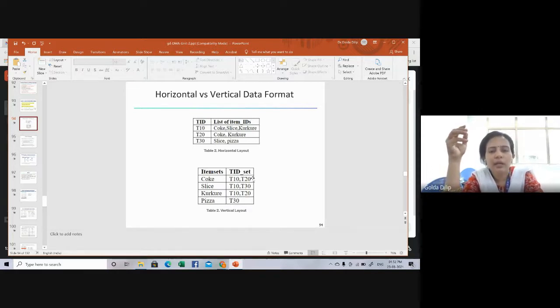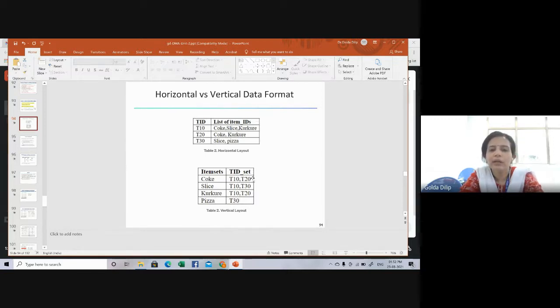But the vertical data format has its own disadvantage: when the intermediate results of the vertical transaction IDs become too large, they may not fit in memory. That can affect the algorithm's scalability.